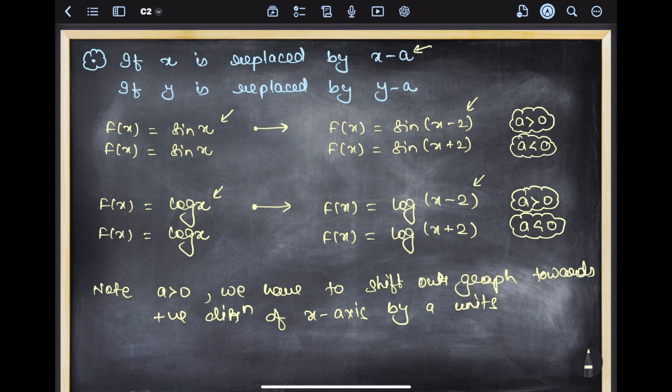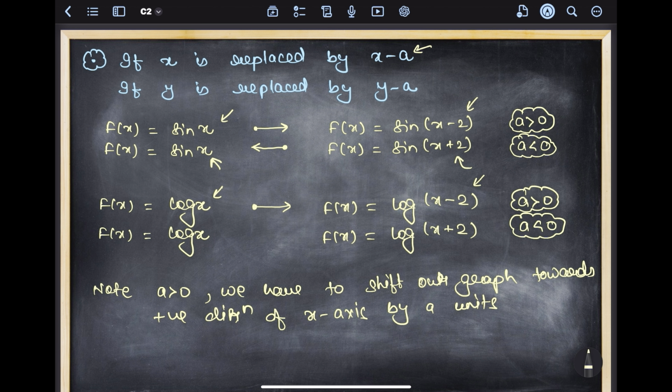and on the same scale, if we want to get 0 over here, we should put x as 0, and if we want to get 0 over here, we should get minus 2. So our graph should shift towards negative direction of x-axis by a unit.